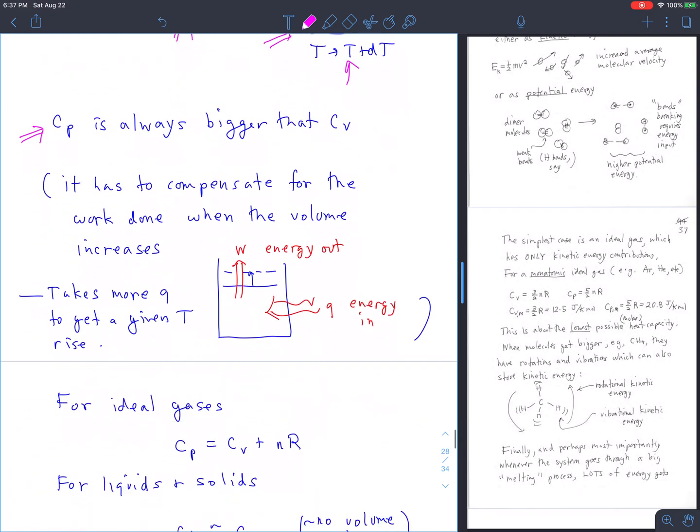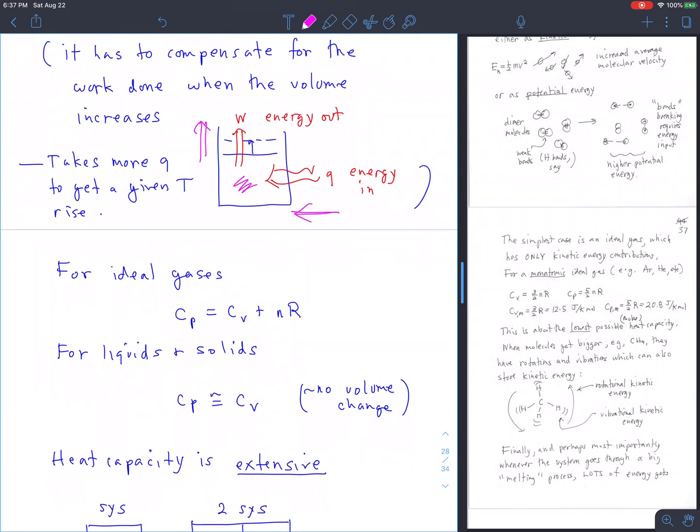So the energy is coming in as heat from one direction and going back out as work in the other direction. And that means it's harder to raise the temperature in here, right? If you want to ask how much heat do you have to put in order to get a 1 degree rise, well, half the heat's going back out as energy, as work. So you've got to put twice as much, let's say, heat energy in order to get the same temperature rise. So CP is always greater than CV.